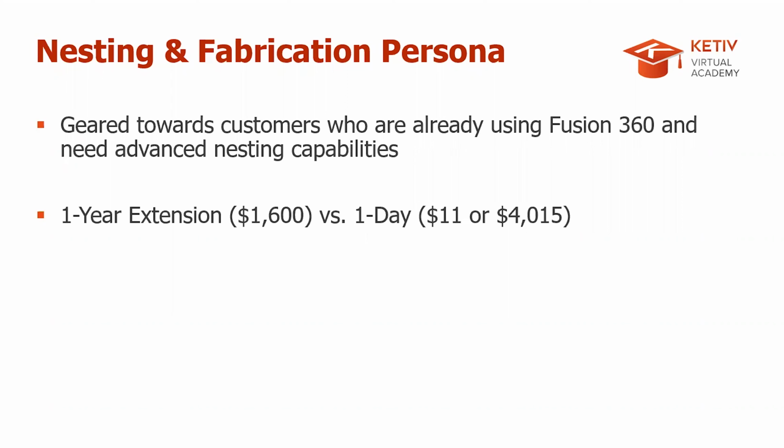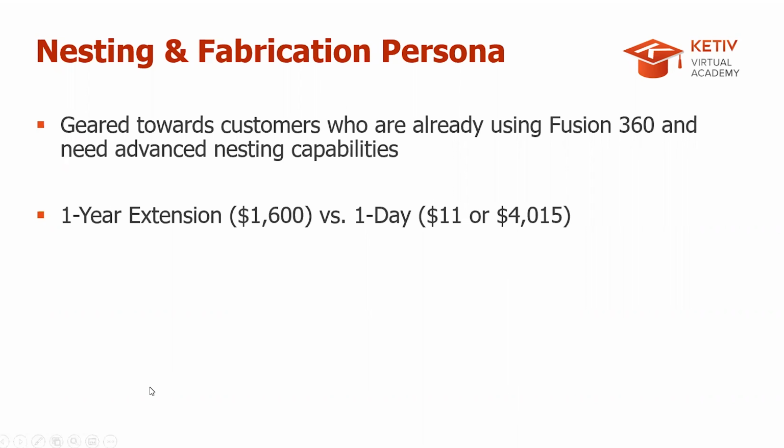Versus if you were to buy the extension on a daily basis, that's like $11 a day. If you multiply that by 365, that'll be about $4,015. So just keep that in mind if it makes more sense to commit to the 1 year, or if you're only using nesting a day or two a week, then maybe the 1 day pay-as-you-go option makes more sense for you.